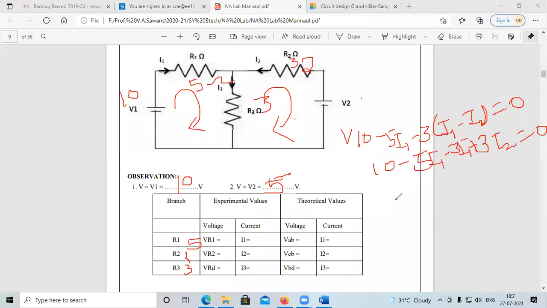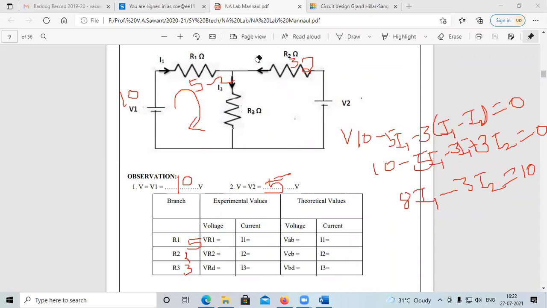So 5 and 3 make 8 I1 minus 3 I2 equals 10. This is one equation. For the second equation, apply KVL to this loop.